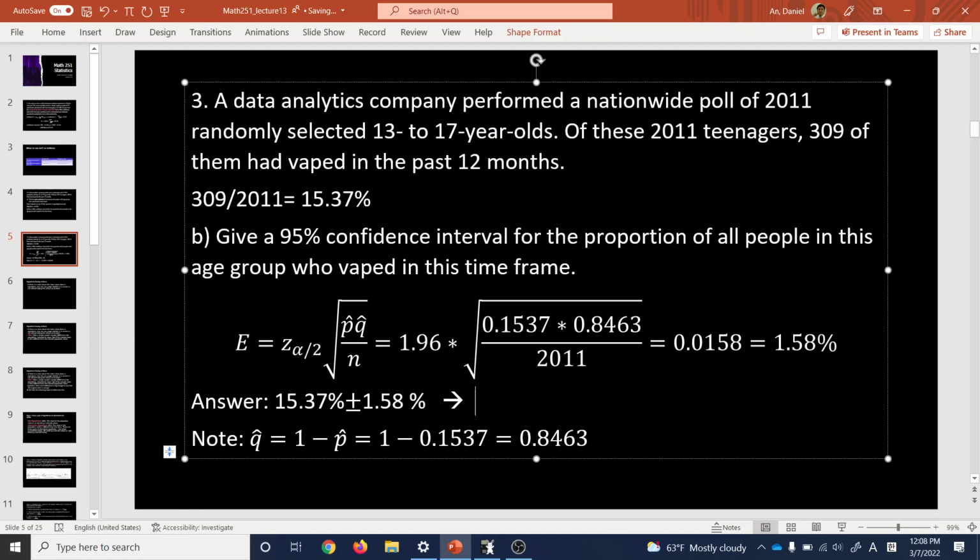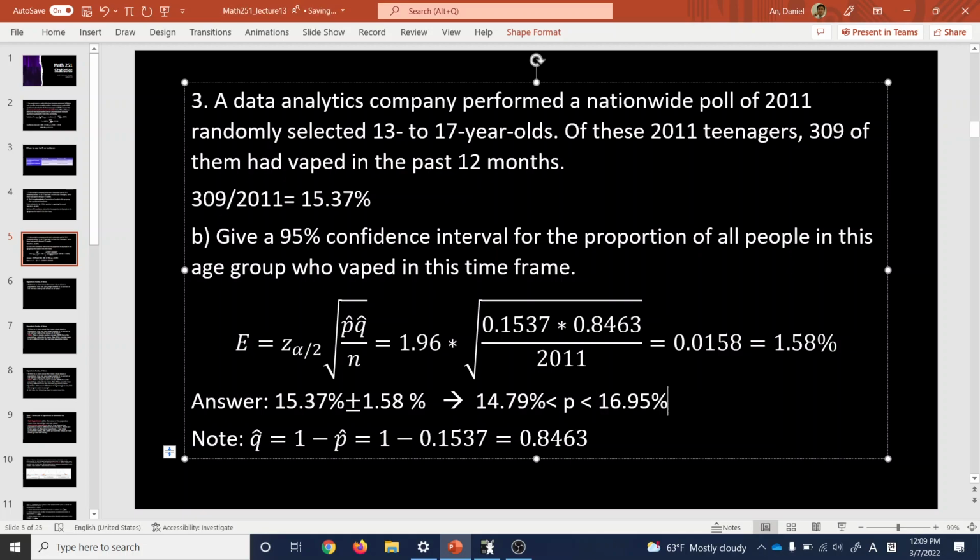It means that the actual proportion is between 15.37 minus 1.58, which is 13.79%, and if you add it, it's 16.95.